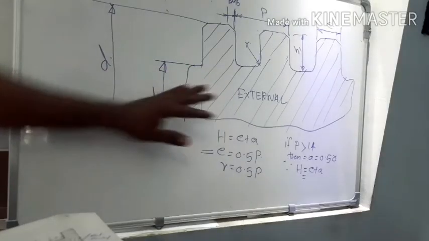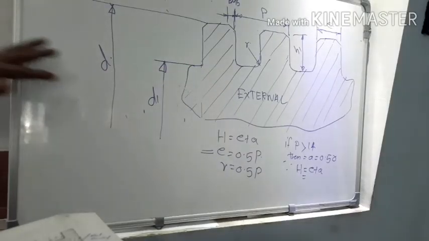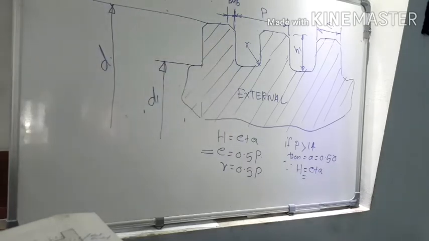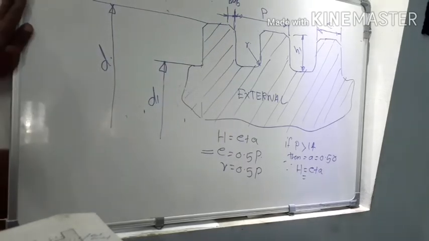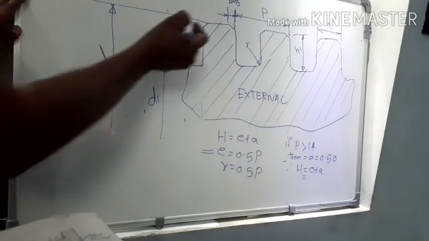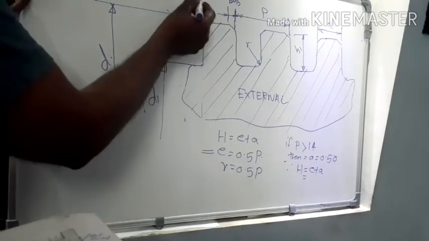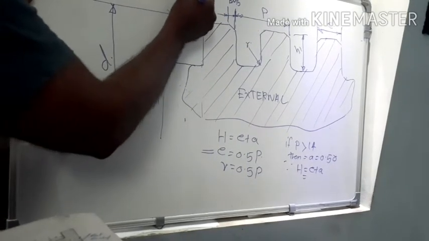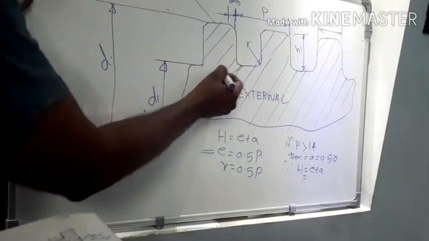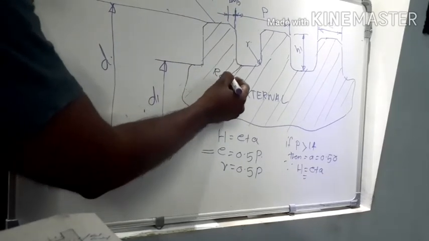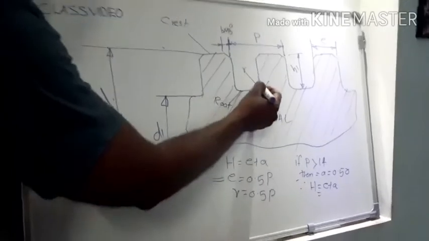Now this is the figure of the external cross section of a square thread. Here the uppermost part is called the crest, and the lowermost part is called the root.